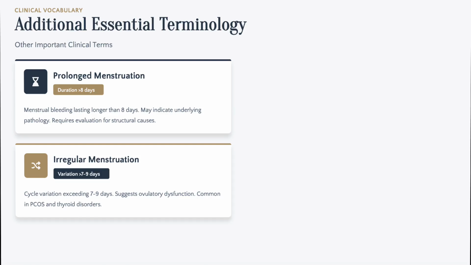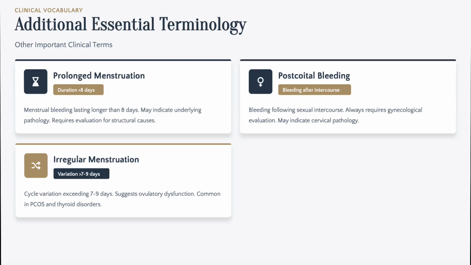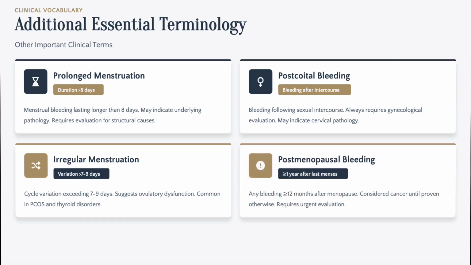We have also postcoital bleeding, bleeding following sexual intercourse. It always requires gynecological evaluation. It may indicate some cervical pathology, including cervical cancer, or just a simple one like an infection, cervicitis. And finally, we have postmenopausal bleeding.